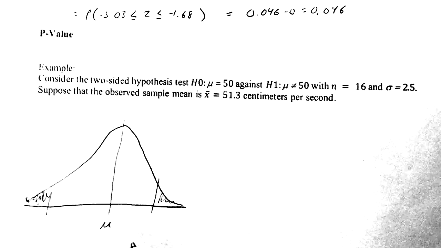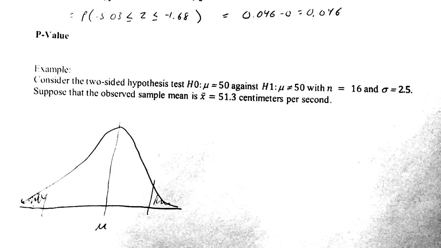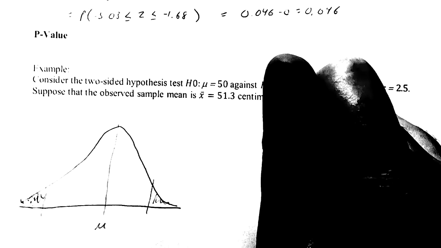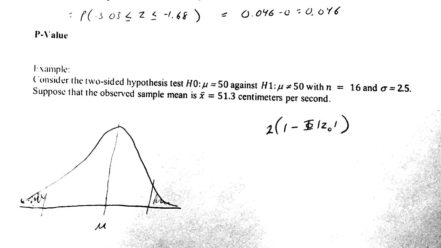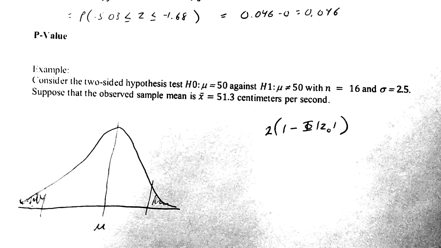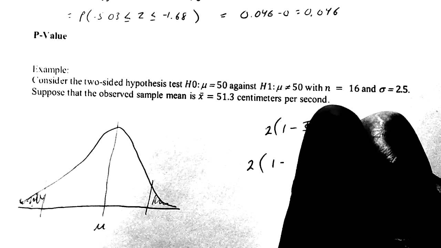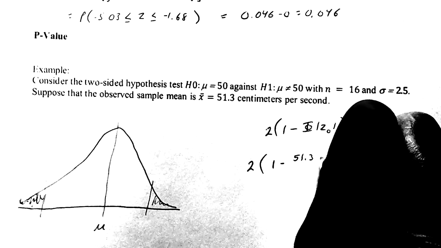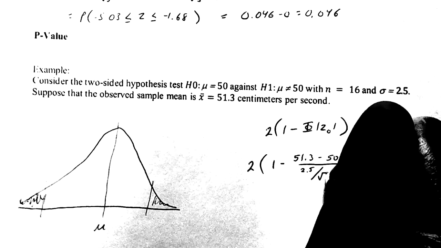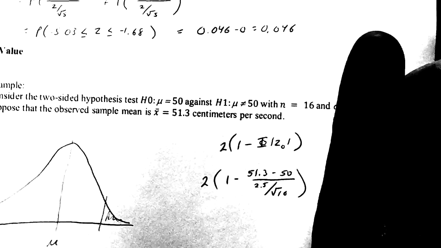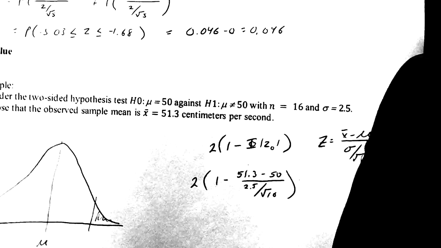rejection of that hypothesis. And so we calculate the p-value as being 2 times 1 minus the z statistic for that z value for that given x bar. In this case, we're looking at 2 times 1 minus (51.3 minus 50) over 2.5 divided by the square root of 16, because we're still using our z statistic as z is equal to x bar minus mu over sigma divided by the square root of n.